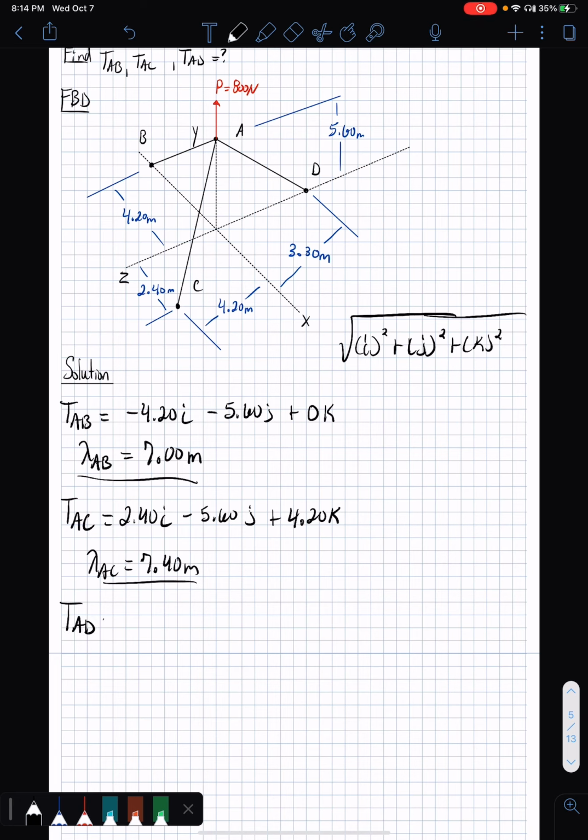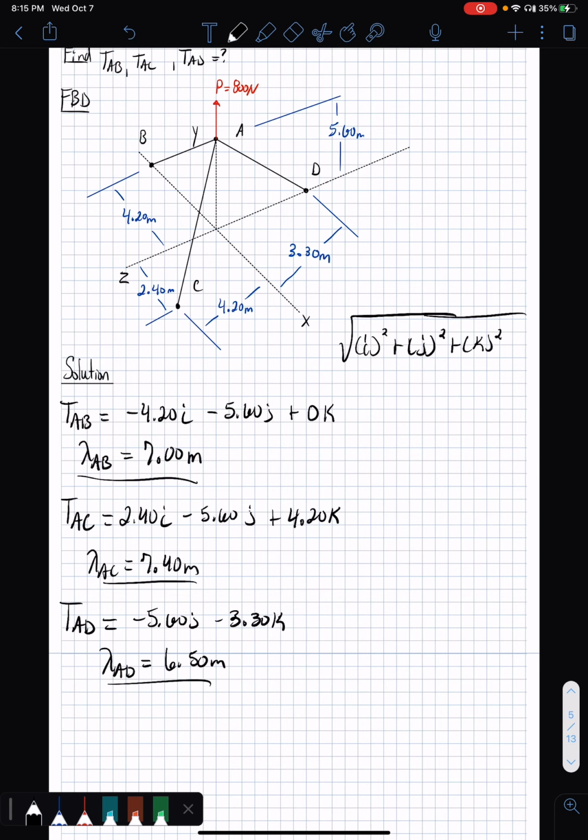Last one, tension AD. We have nothing going on in the x direction, so we start off with the y, negative 5.60 in the J direction, and we have a z component of a negative 3.30 K. Lambda AD will come out to 6.50 meters.